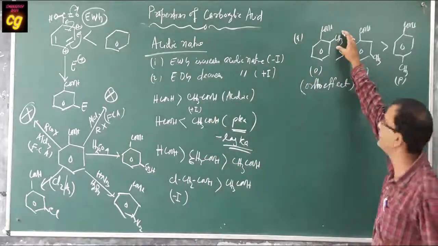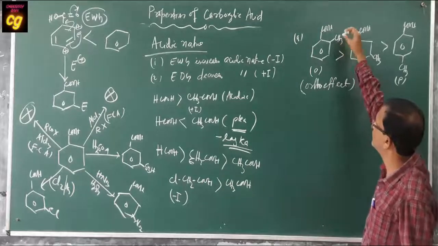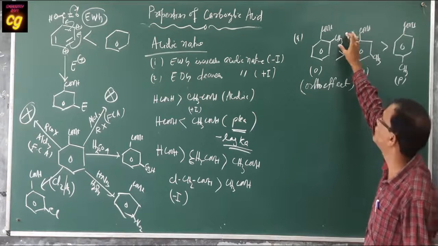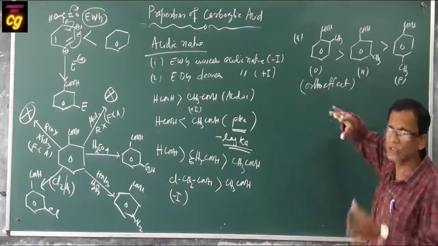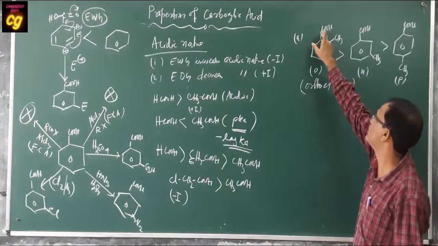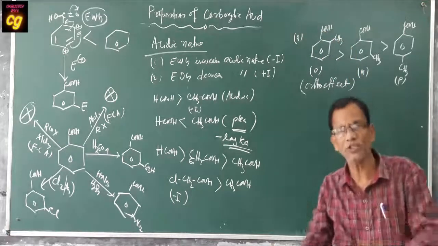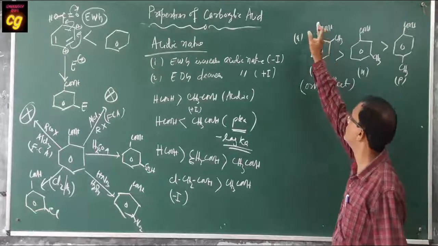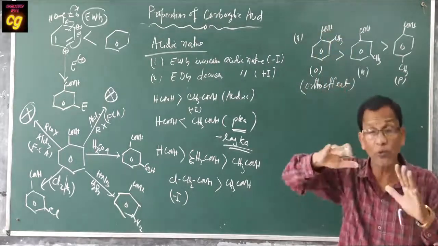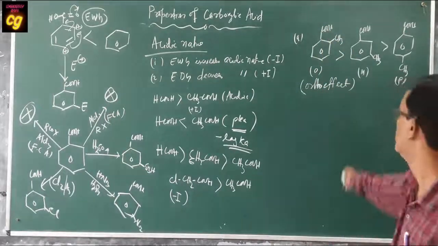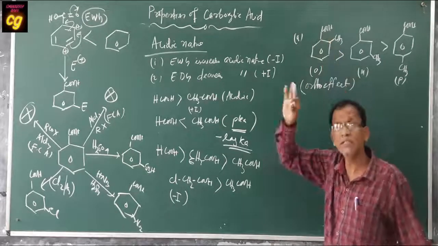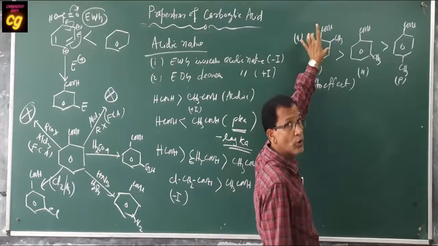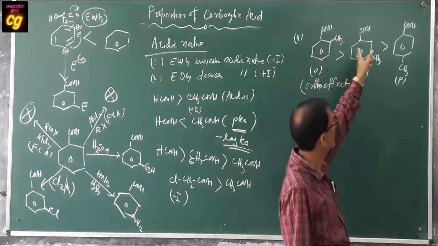What is the ortho effect? Due to the repulsion between the bulky methyl group and the carboxyl group, that is steric repulsion, the carboxyl group will not remain coplanar with the benzene ring. That's why H plus can easily be removed, and orthotoluic acid is greater than meta, then para.